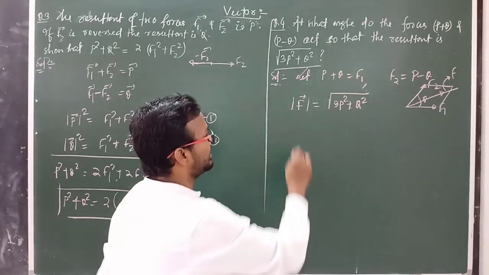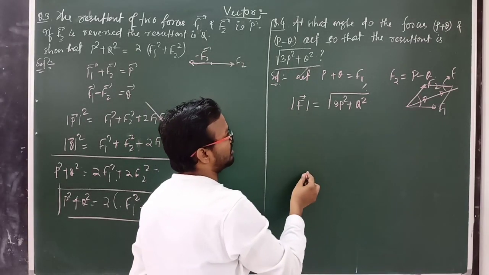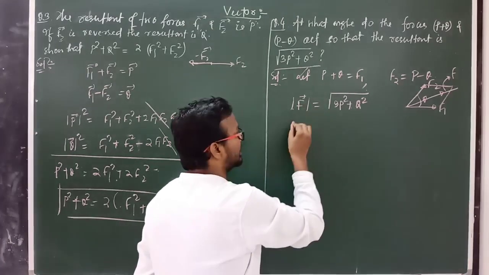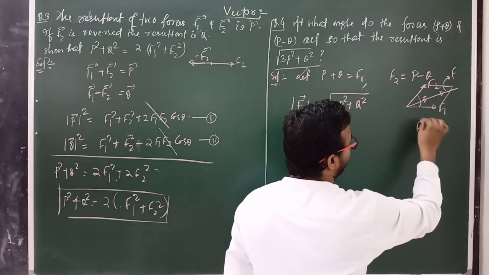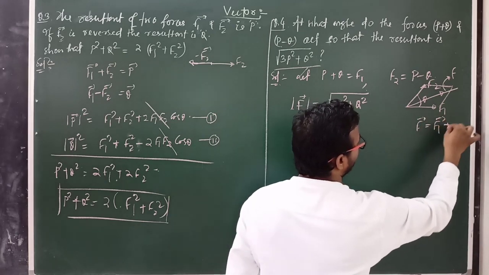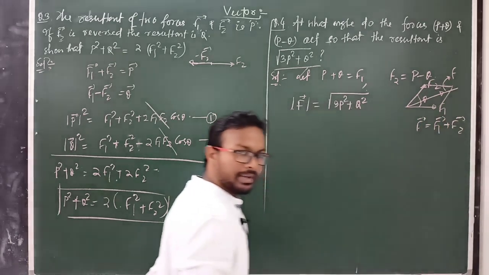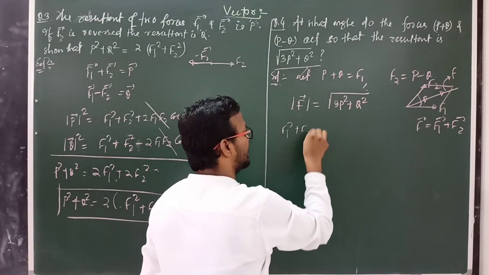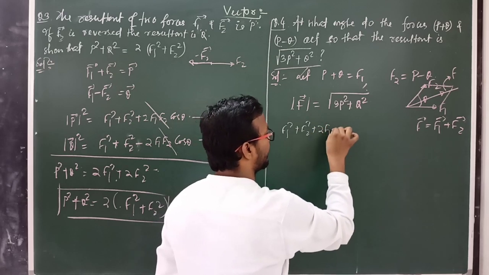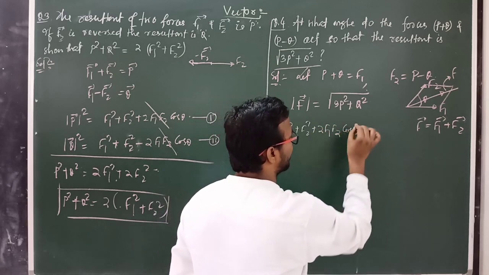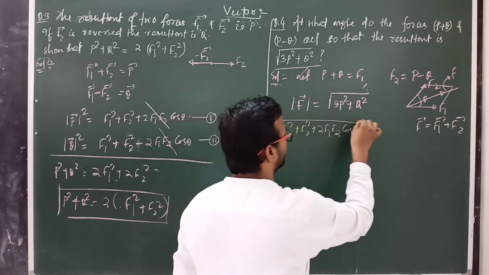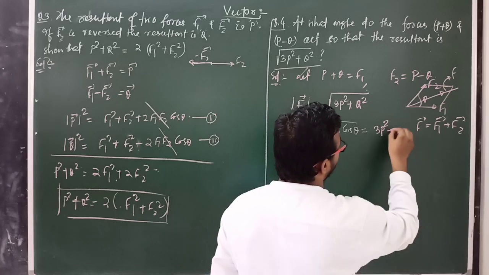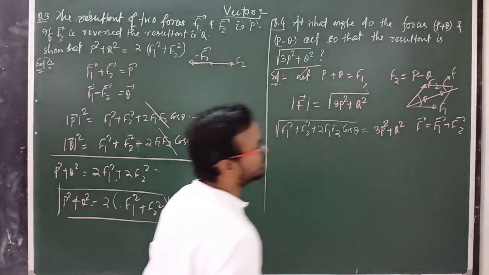What is the F vector? Its resultant we already know: the resultant vector is the square root of a square plus b square plus 2ab cos theta. So the F vector equals F1 vector plus F2 vector, and its magnitude is the square root of F1 square plus F2 square plus 2F1F2 cos theta, equal to the square root of 3P square plus Q square.